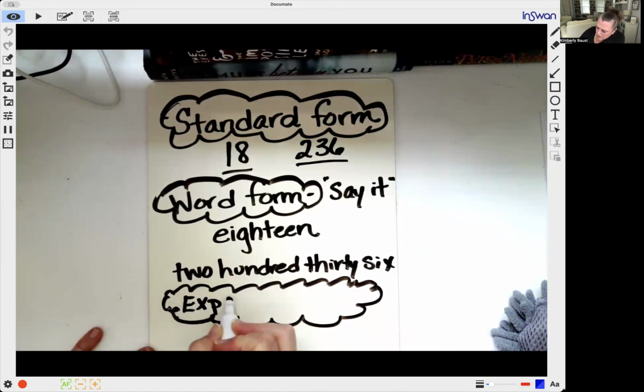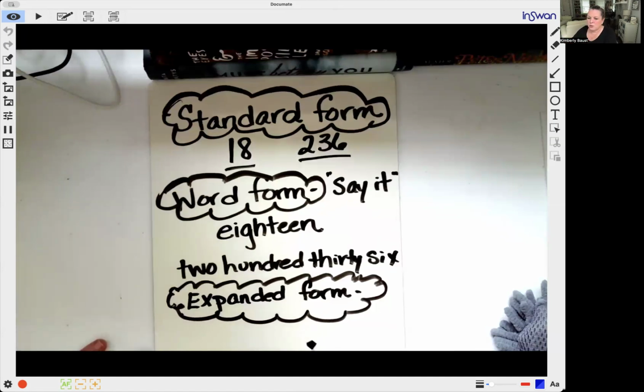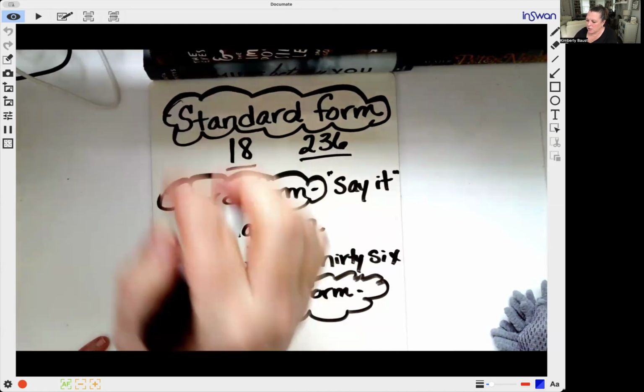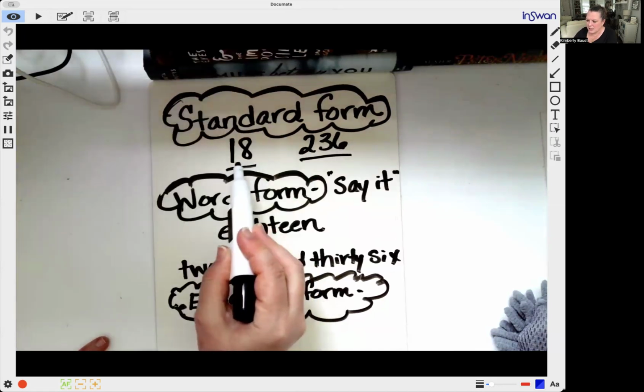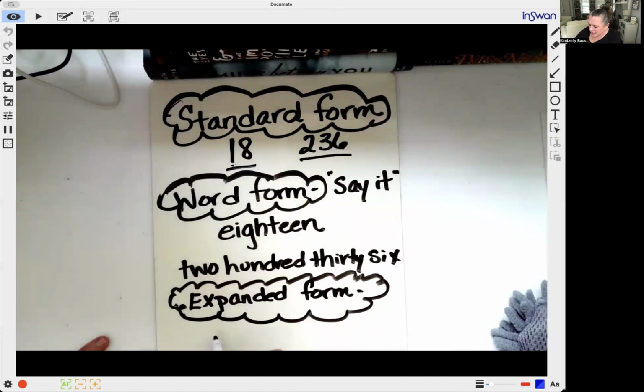Okay, expanded form. This means you write the value of each number, each digit, and add it all up. Okay, so for example, on this one right here, 18, what is the value of the one? Well, it's worth 10, right?